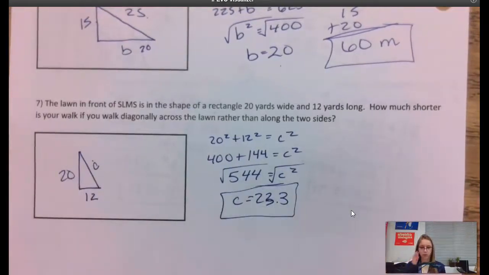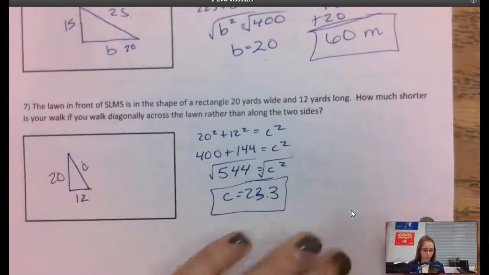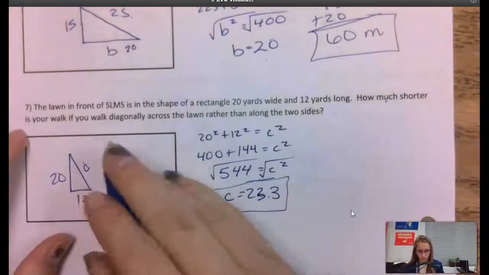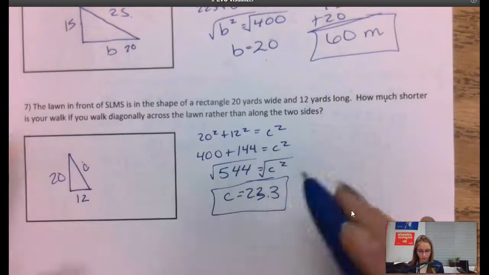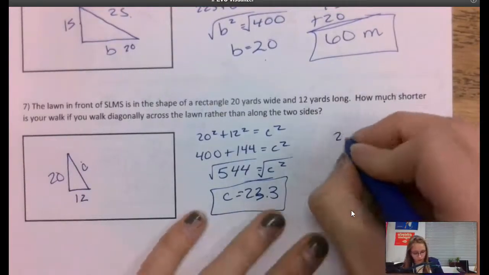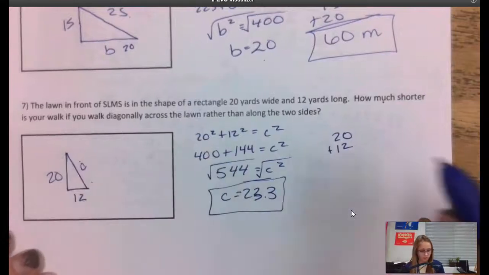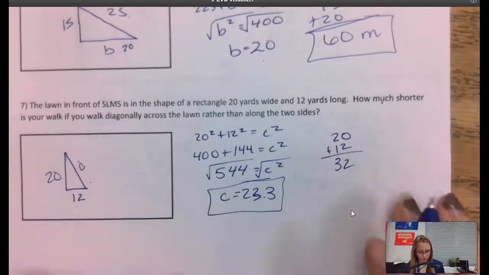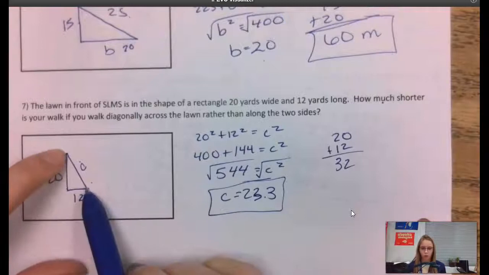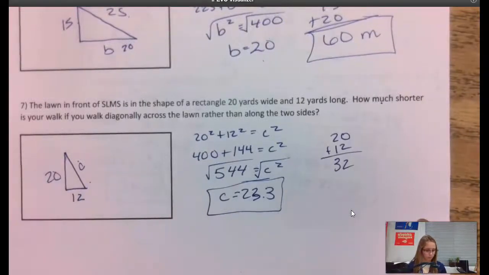you got the 3 points. What I did do was, if you solved to see how much shorter the walk is, you would take 20 plus 12, because that's the walk's distance, and you get 32. And then you want to see how much shorter this is, so we need to subtract this from that.